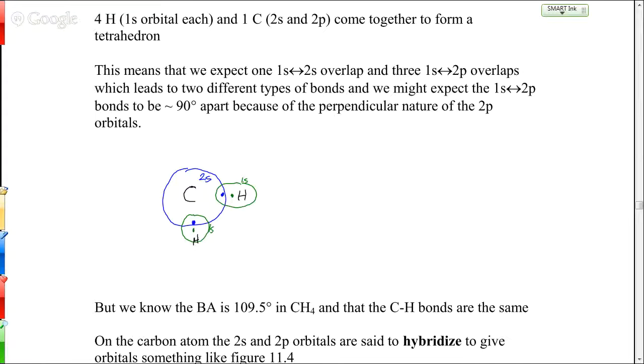Okay. So then if we say that those 2s electrons are bonding with 2 of the hydrogens, then the other 2 hydrogens must be bonding with the 2p. See where I'm going with that? Because that's the 2 remaining orbitals. 2p, if you remember, has that dumbbell shape and stretches out a little bit past the 2s. So I'm going to draw the 2p in red.